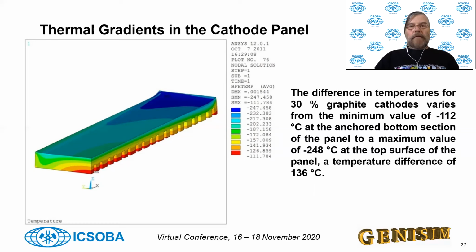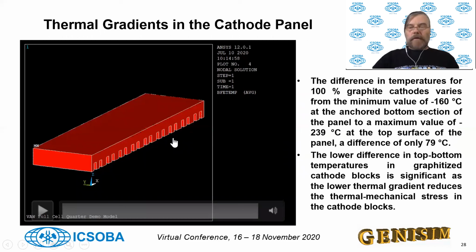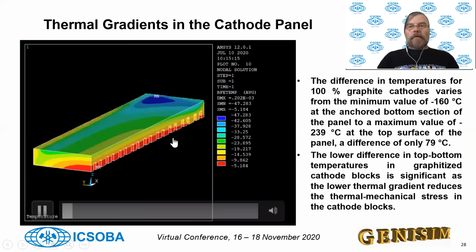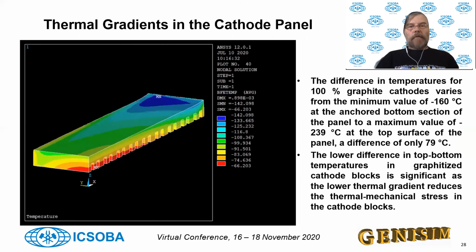In the case of the 30% graphitic cathode block, I'm getting a maximum gradient of 136 degrees Celsius. And for the 100% graphitized, I'm going to get a maximum of 79 degrees of thermal gradient after 24 hours of cooling down.